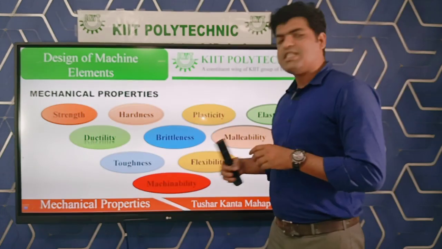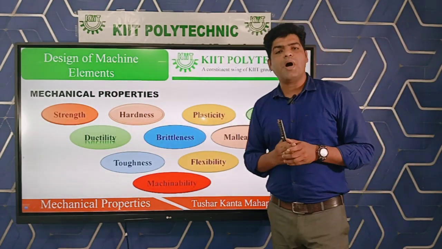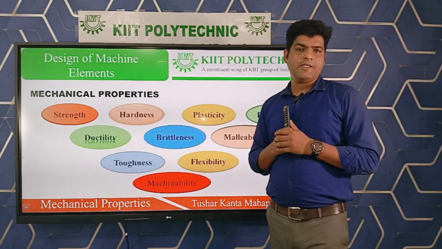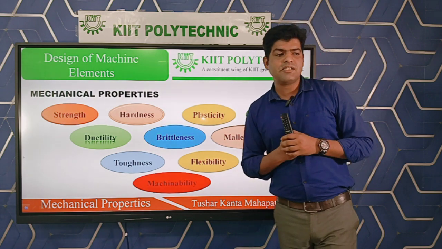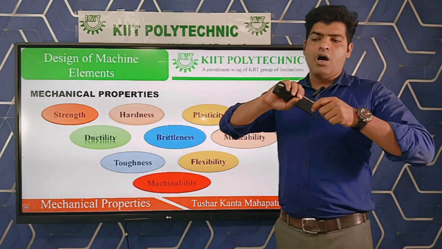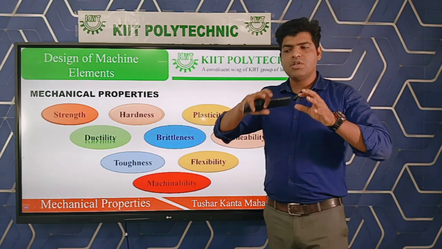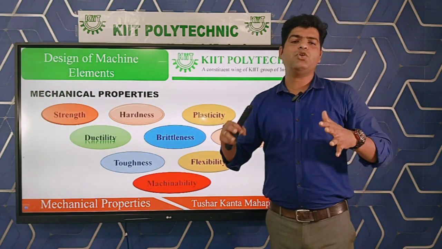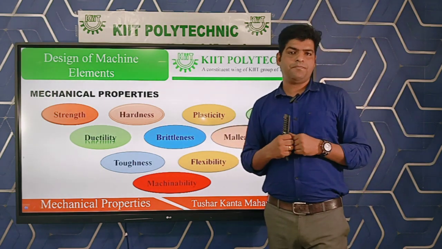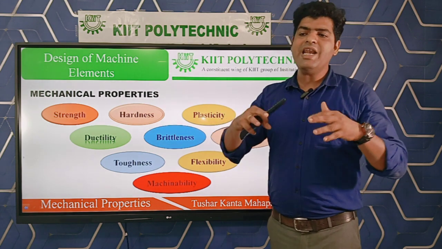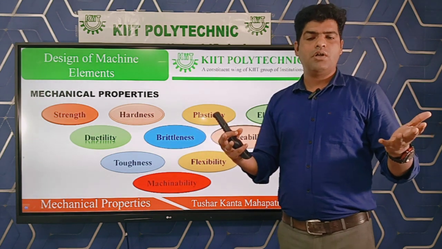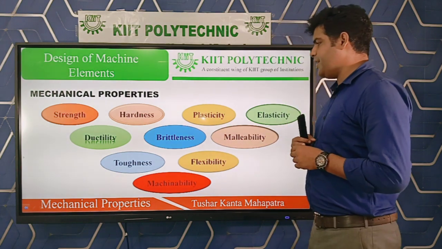Next one is flexibility. Each and every part has some flexibility. Flexibility in this sense: we can put some amount of load and it gets back to its original position and can do any type of work. That is called flexibility.